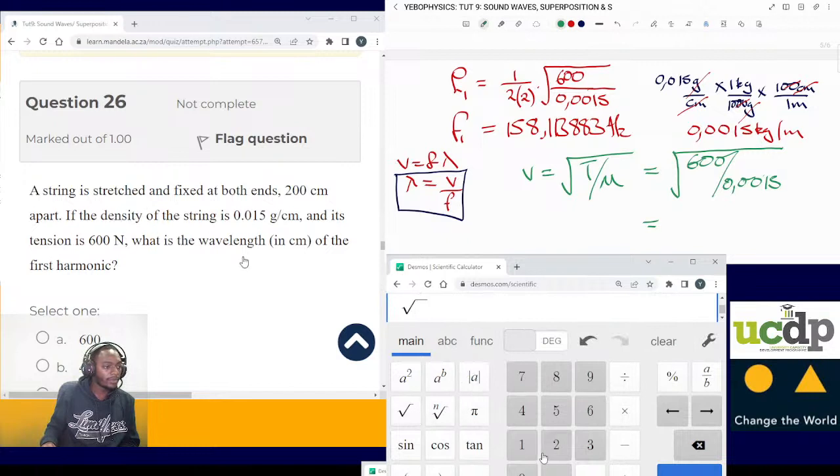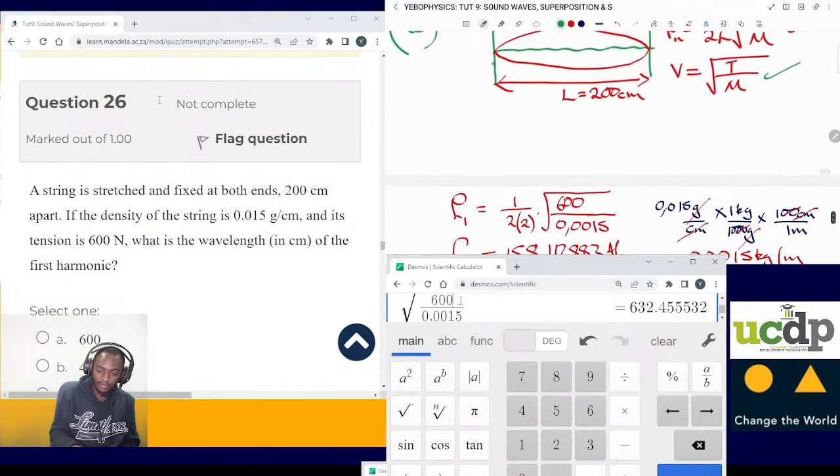That's the square root of 600 over 0.0015. Oops, I put the wrong substitution. This should be frequency, sorry.